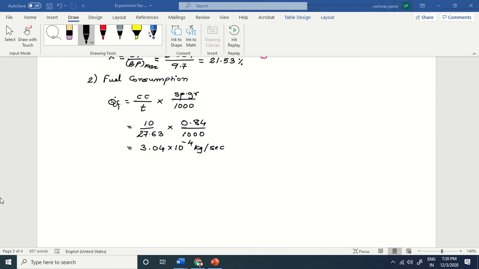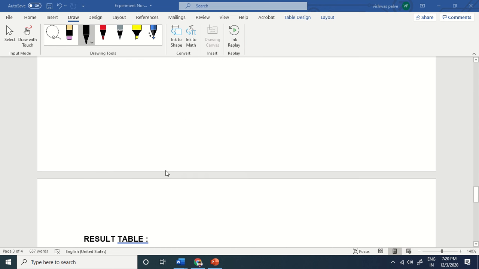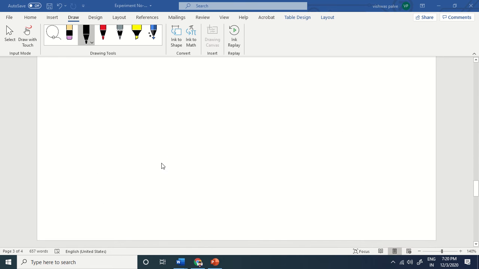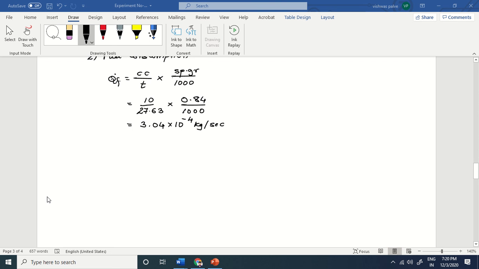Okay, so we have calculated fuel consumption in kg per second. Now let us see how to do the calculation for kg per hour. If I want to convert this into kg per hour, for that, 3.04 multiplied by 10 raised to minus 4, this is in kg per second, so multiply this with 3600.